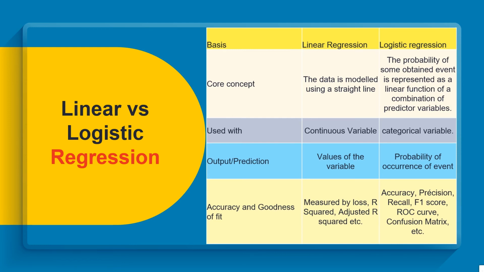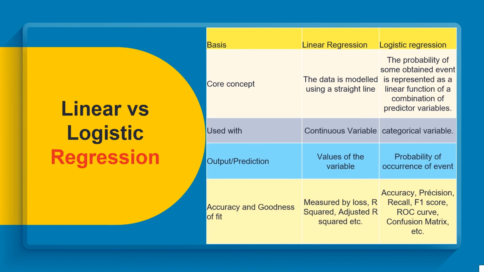Next is the ROC curve for determining the probability threshold for classification, or the confusion matrix, etc. There are many. So summarizing the difference between linear and logistic regression, you can say that the type of function you are mapping to is the main point of difference.